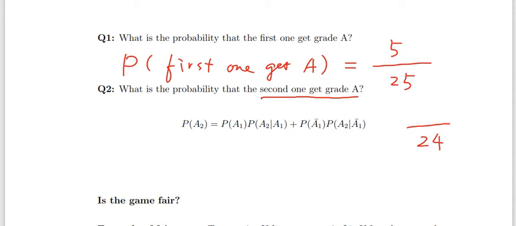First one, we have 25, but for the second one, by now we have only 24 grades. Then from here pick one. What is the chance you can get a grade A? So the question is, how many A's are there among the 24 grades?